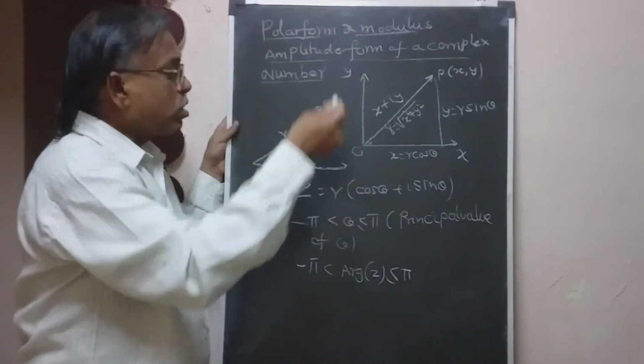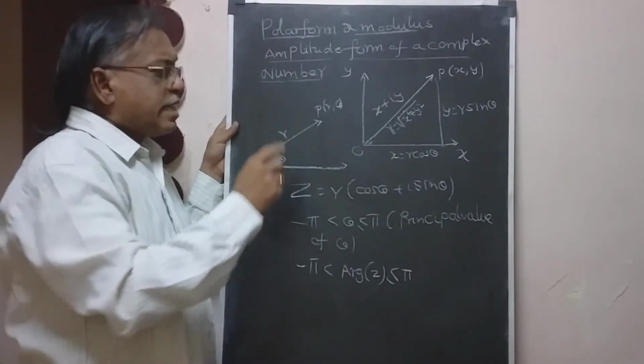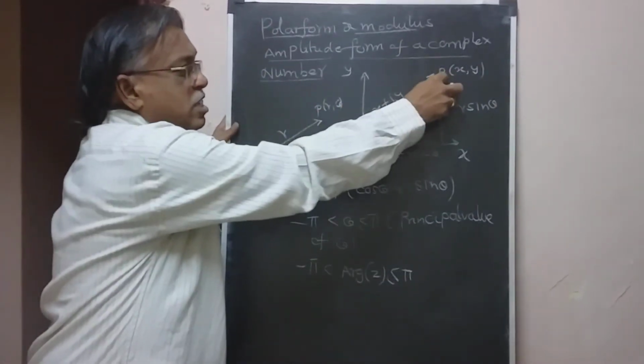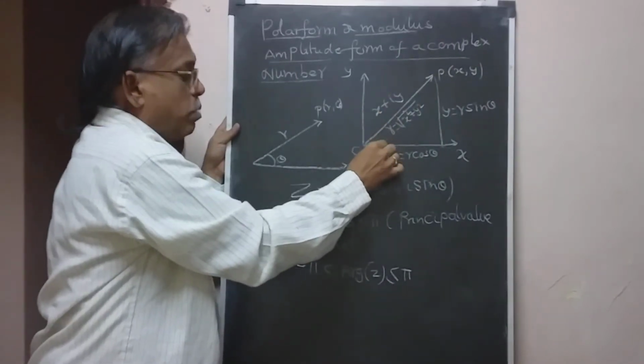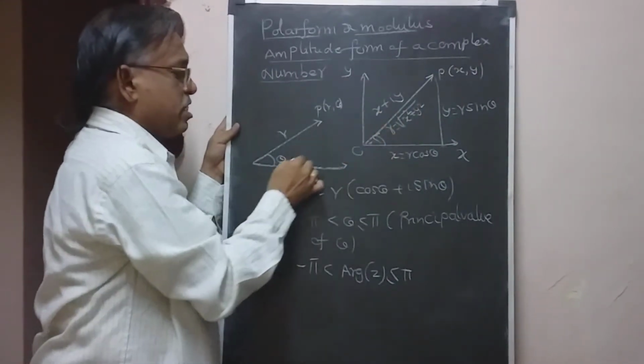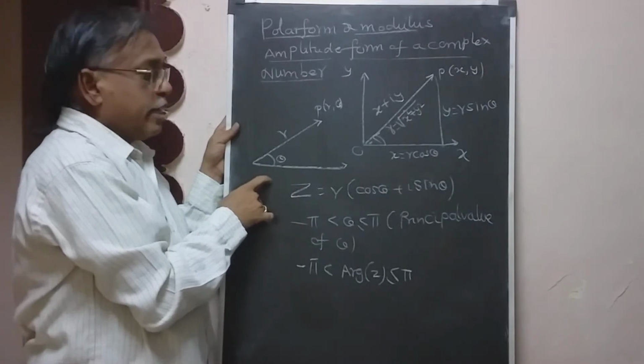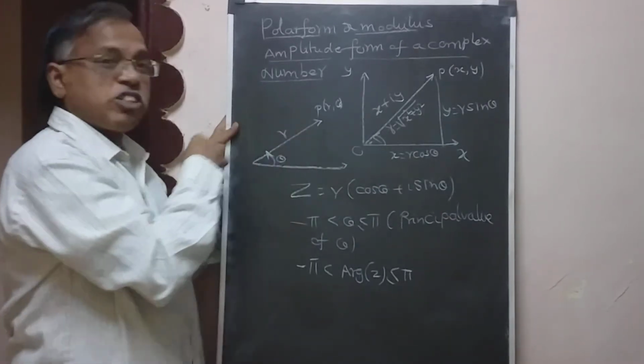Understand? But what about theta? Theta is the angle made by this z with the positive direction of x axis, like this I showed here. That is, in anti-clockwise direction you have to measure.